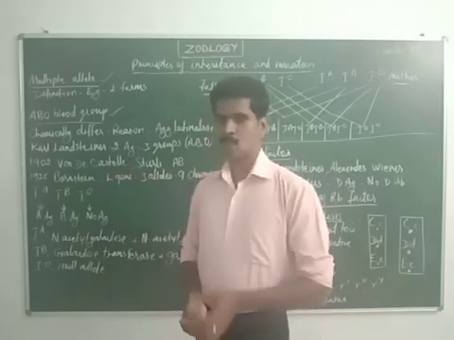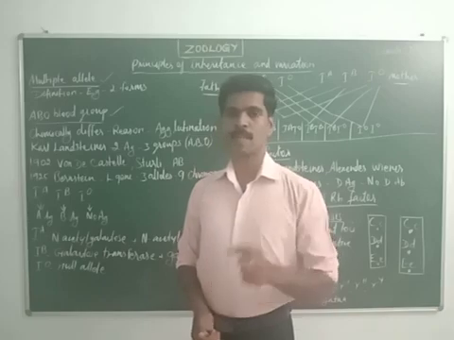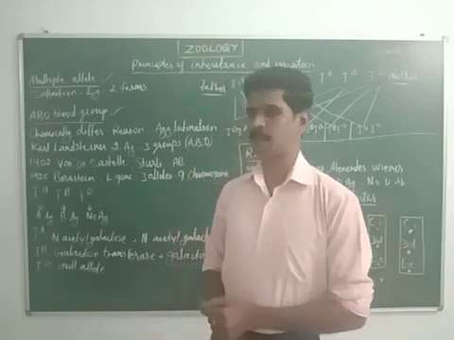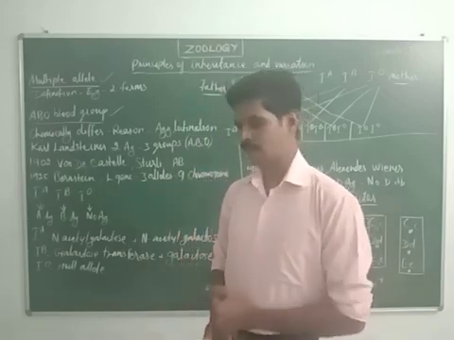ABO blood group is one of the very important examples of multiple allelism. So dear students, now we are going to study the ABO blood group in human beings. Listen very carefully.